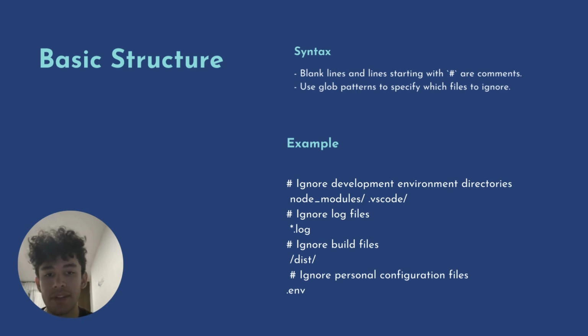First of all, we have this part to ignore development environment directories, such as Node modules or VS Code. Then it's very common to ignore log files. And also it's very important to ignore build files because of the size of the files. And the last one is very important: to ignore personal configuration files in order to keep the security of our work.